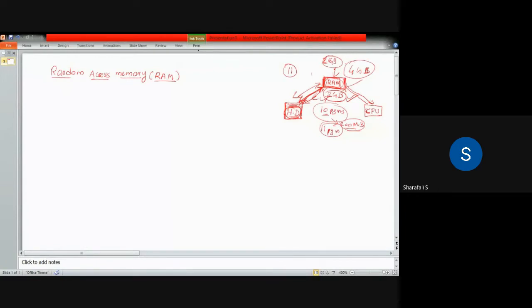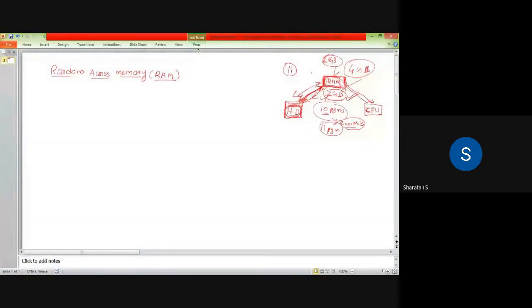And if the number of programs is larger, and the memory required is more than the actual memory allocated for this RAM, then that will make the system slow.